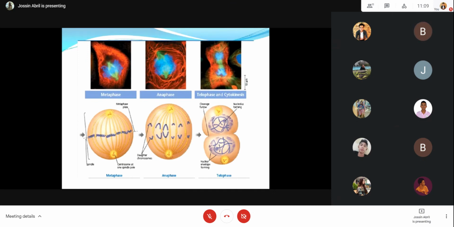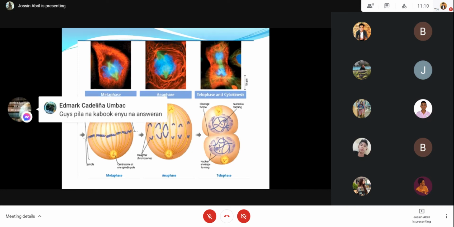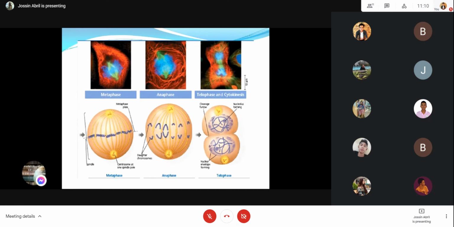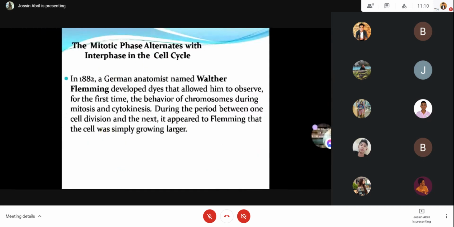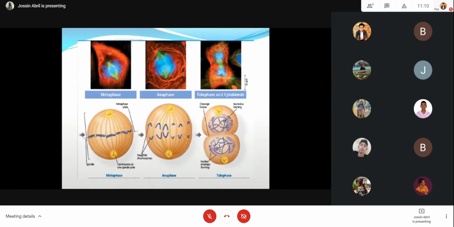So that during cytokinesis, each of the daughter cells will have the same number of chromosomes in each cell, ma'am.